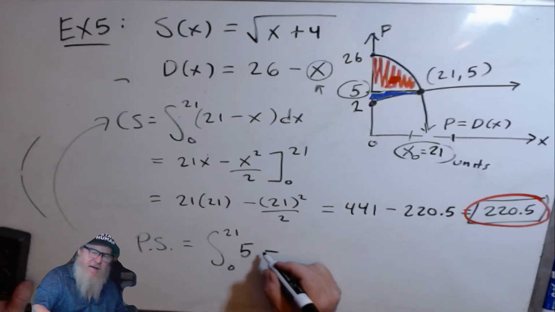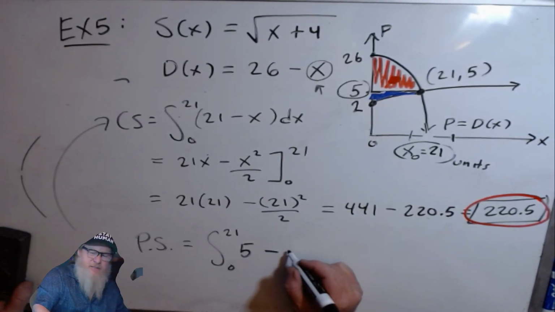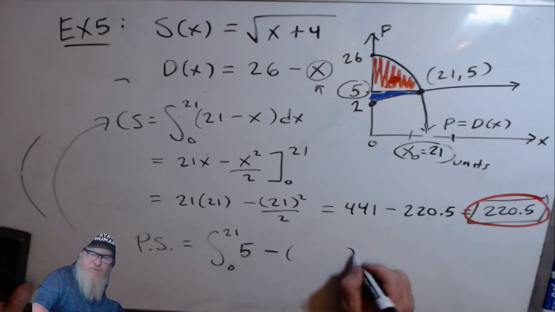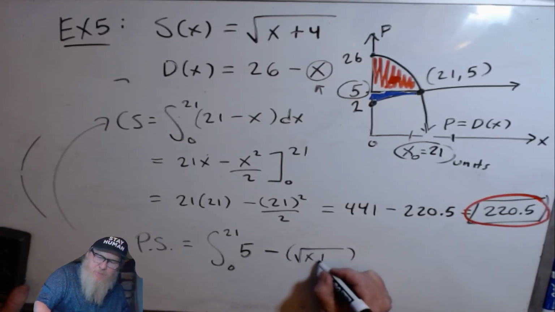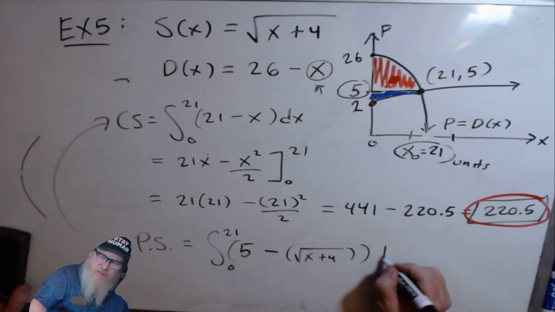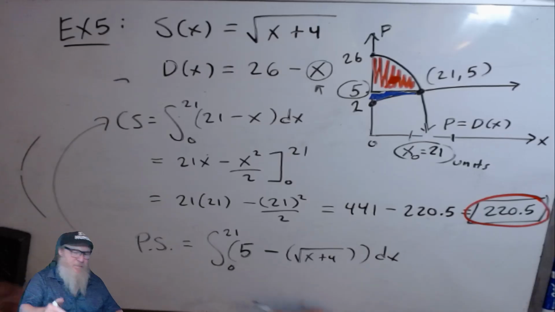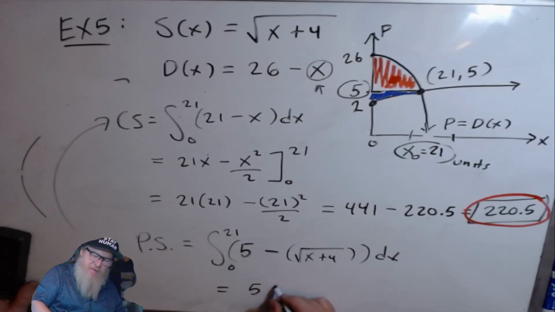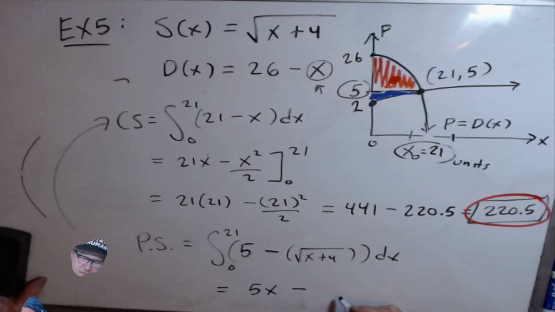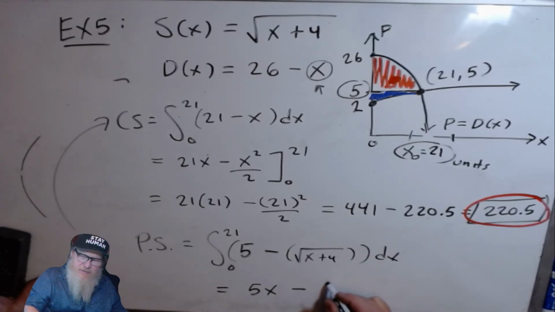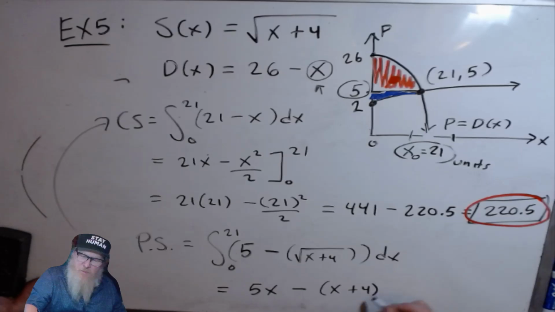So it's 5 minus, now I got to be careful, the square root of x plus 4. And I'm not allowed to combine these. So I get 5x minus x plus 4 to the 3/2 over 3/2.